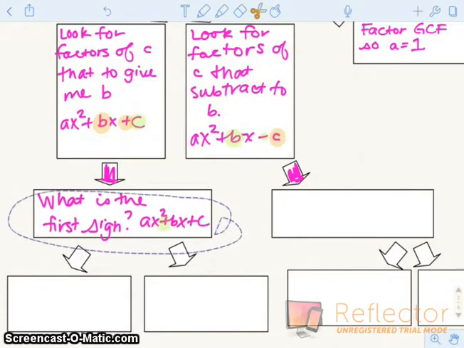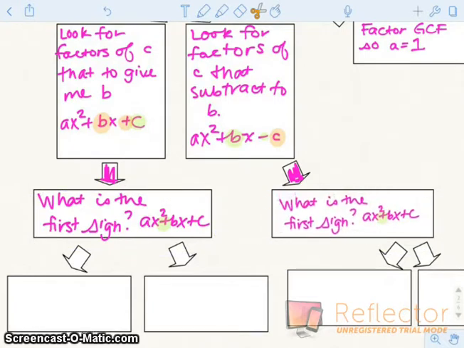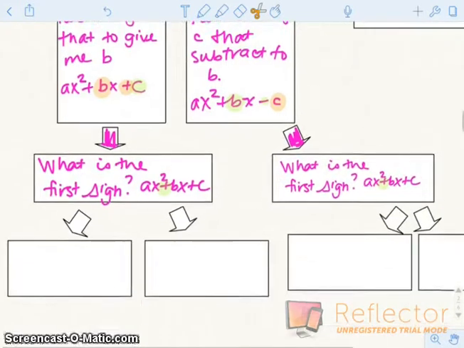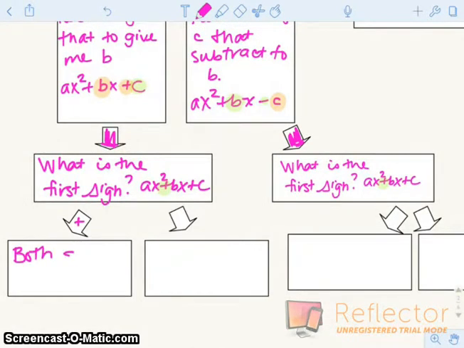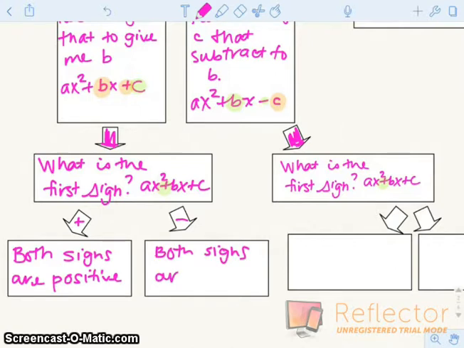Again, this is going to be the same question, so I'm just going to copy and paste it into that one. We'll deal with that in a second. But if the first sign is positive, both signs are positive. If it's negative, both signs are negative.